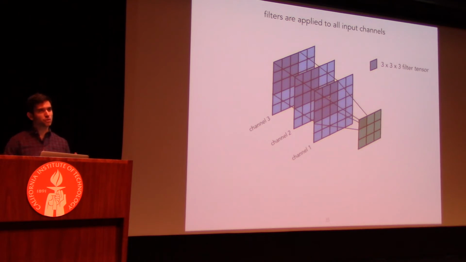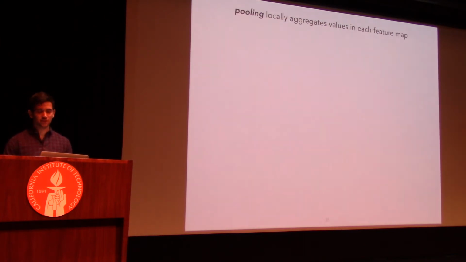So you have three input channels, and I'm applying a tensor, which is just a higher dimensional matrix, on the input here. I'm taking the inner product of this tensor filter with the input channels, and I'm still getting a single number out. And then each filter is going to give us a new output channel. We'll discuss that in just a little bit.